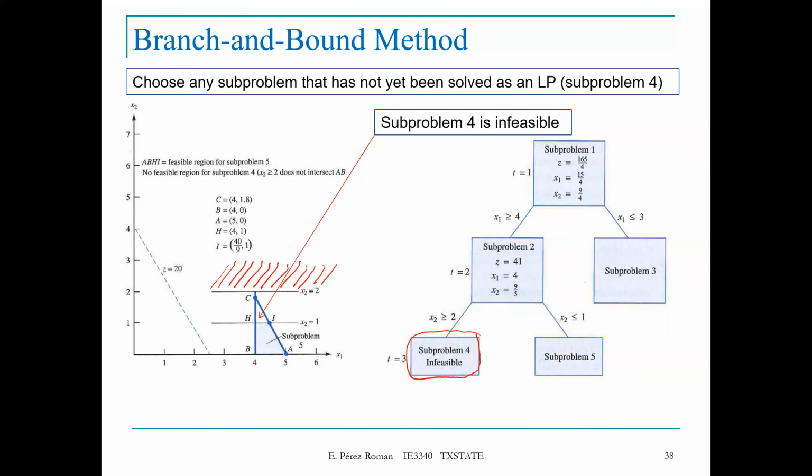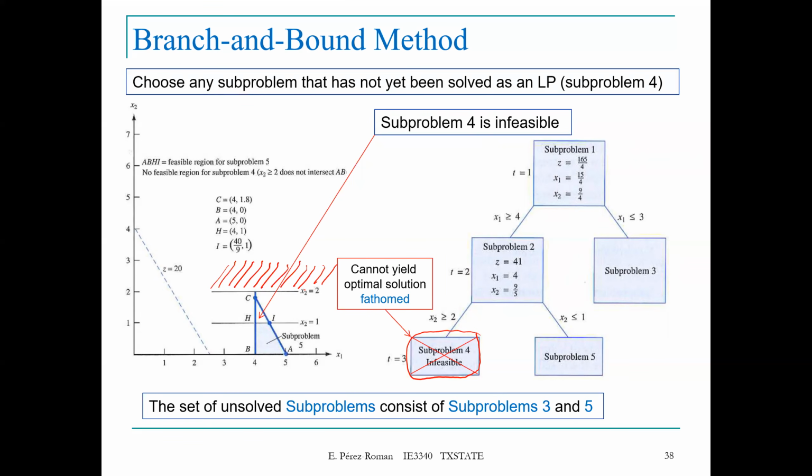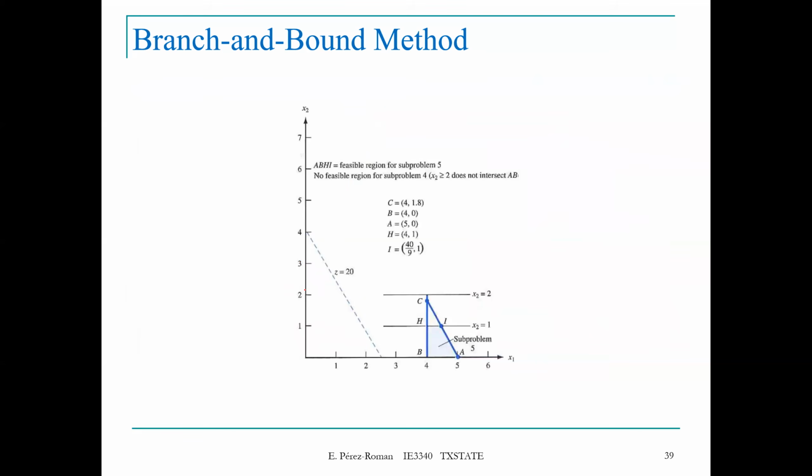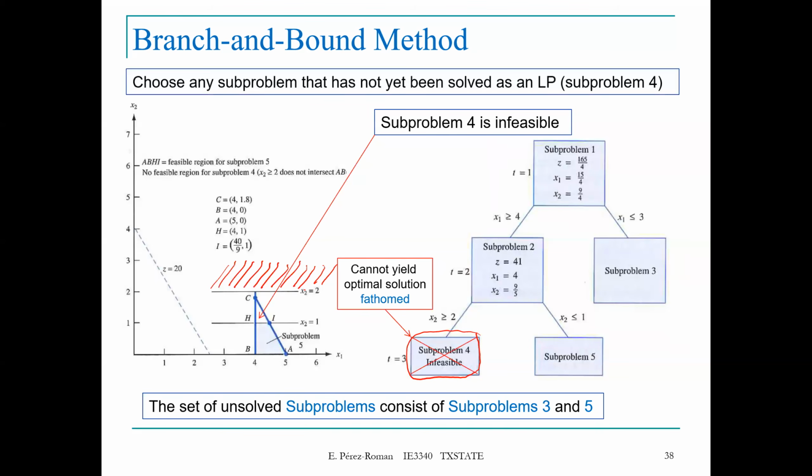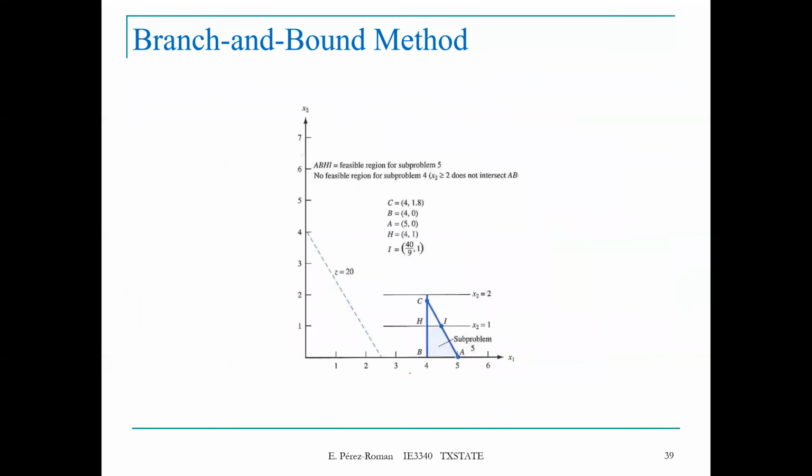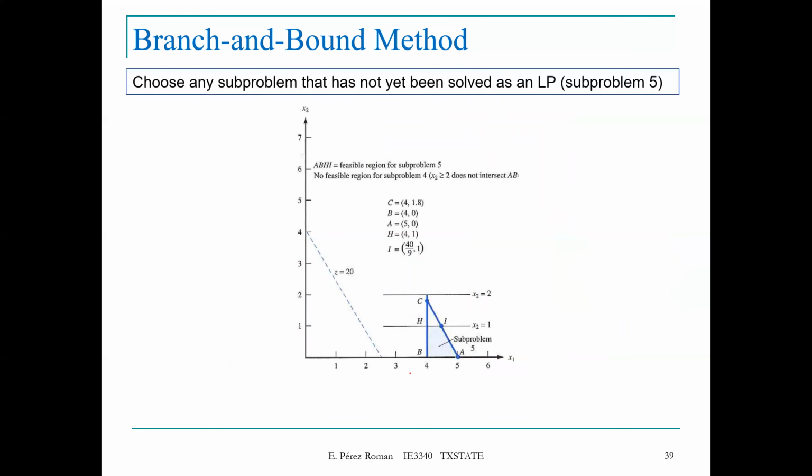For subproblem 5, as I mentioned, we are touching the feasible region. We are constraining the feasible region. Since subproblem 4 cannot yield an optimal solution, we fathom that node, so we are not going to branch anymore in that branch. For subproblem 5, choose any subproblem that has not yet been solved.